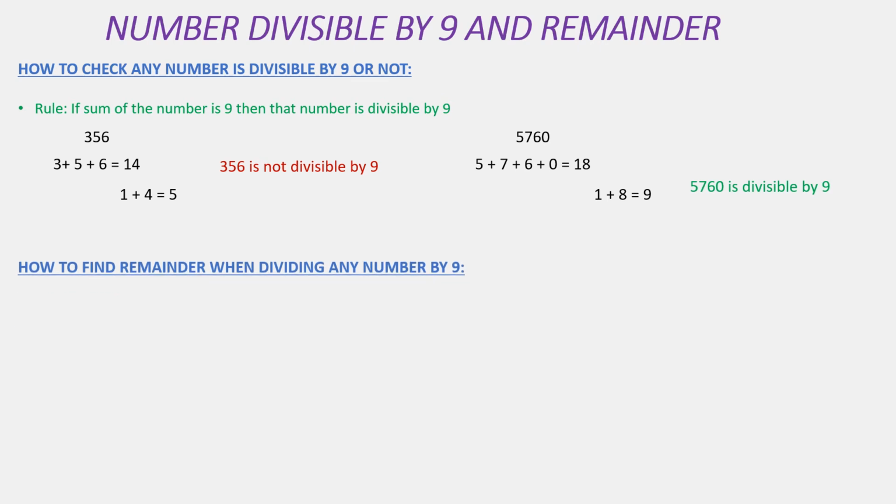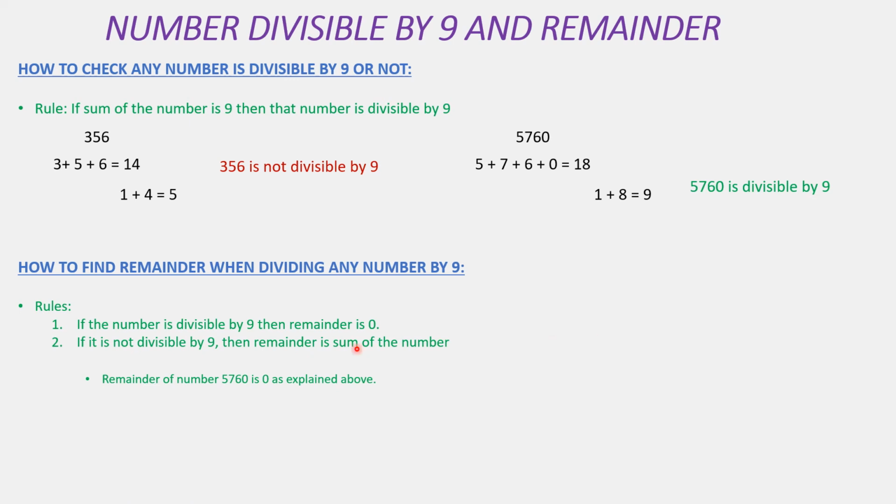Now we will see how to find the remainder when dividing any number by 9. If the number is divisible by 9, then the remainder is 0. The remainder of 5760 is 0 since it is divisible by 9.